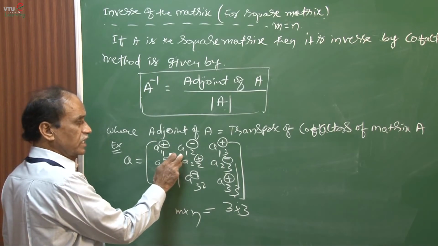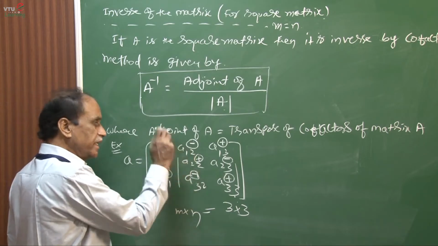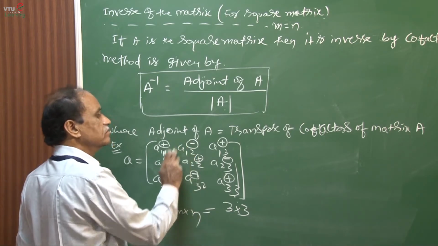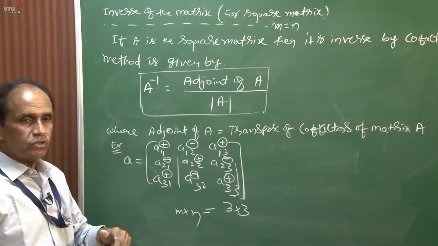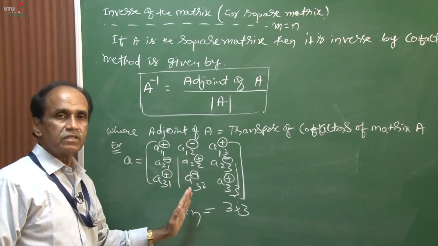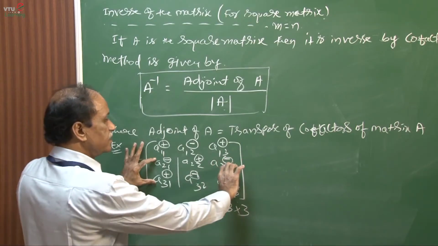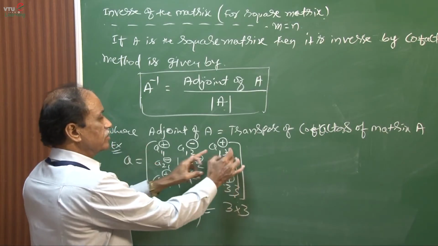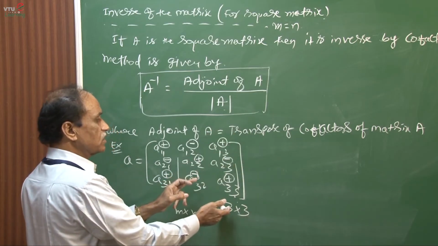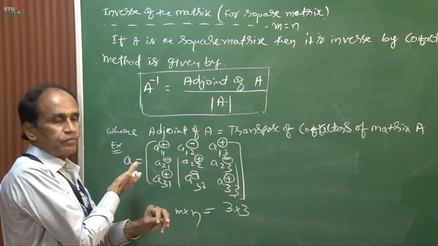So now I am going to calculate this one with a minus sign. Then the cofactor in place of A12: I will ignore the middle column and the first row, and then I will take these two for the determinant. If I want to calculate this, I will ignore the last column and the first row, like that.